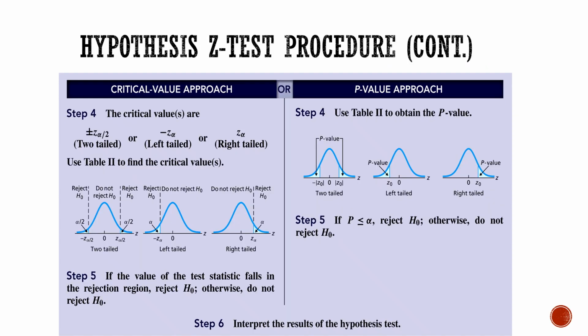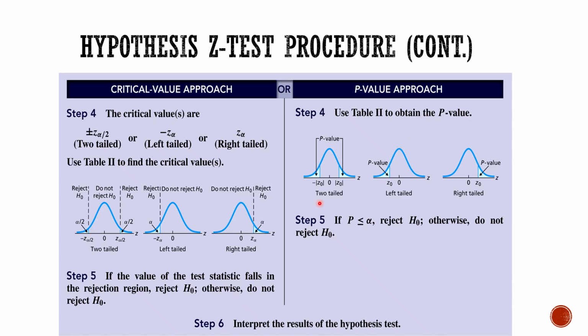We looked at the formula for that. In step 4, we apply the two approaches to come to a decision. Now, the first approach is called the critical value approach, and then there's the other one, which is a p-value approach. The letter P stands for probability.